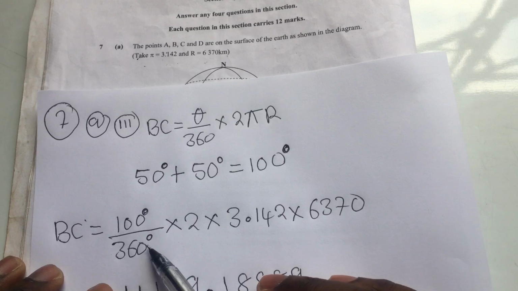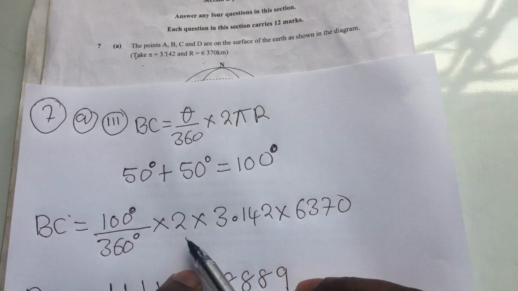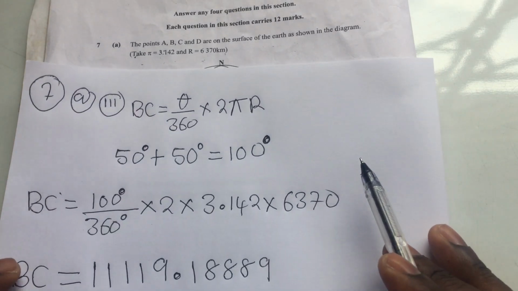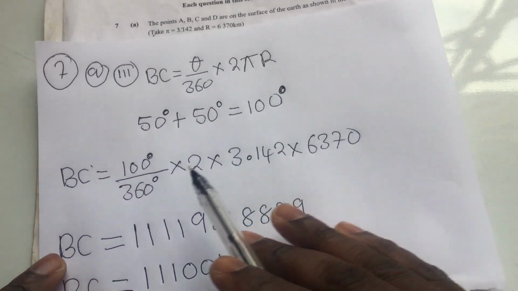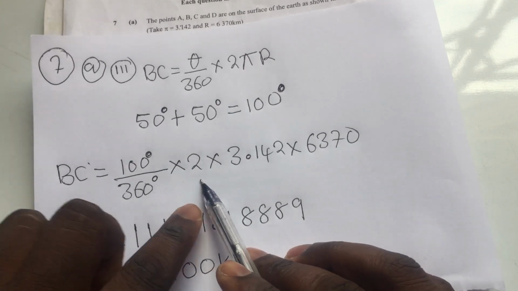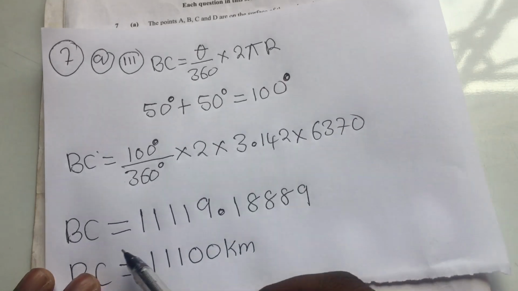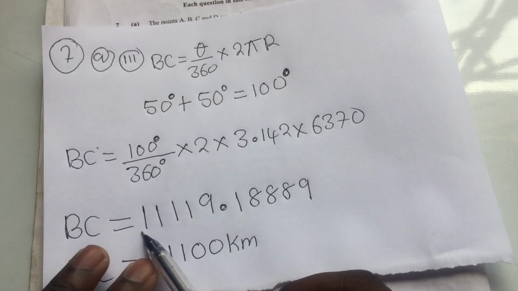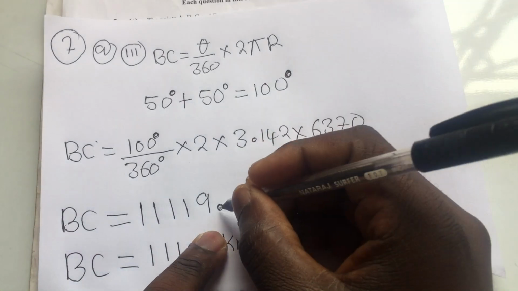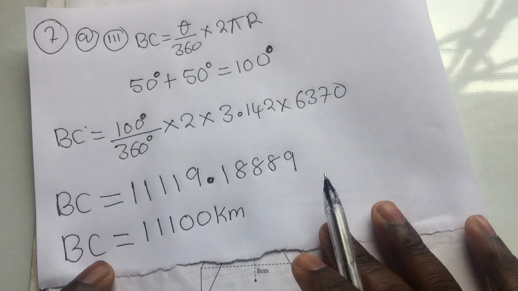So BC is equal to 100 over 360 times 2 times 3.142 times 6370. You get BC equals 11119.1889.